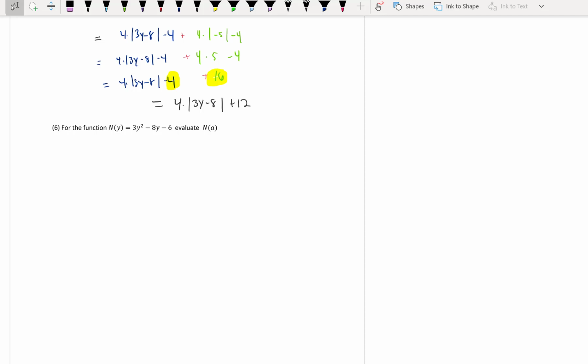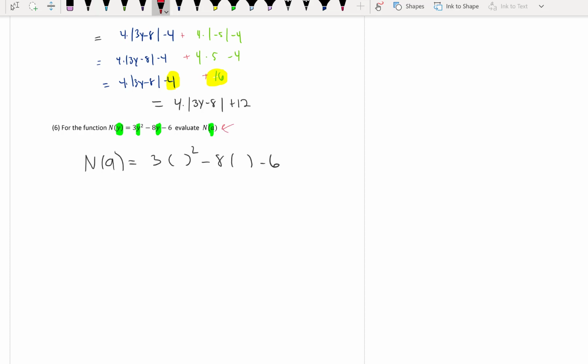For number 6, it takes that same idea of whatever value you're using. For number 6, the value that we're using is going to be a, okay? So for the input variable, we're going to change all of those y's into a's. So I'm going to have that n of a is equal to 3 squared minus 8 minus 6.